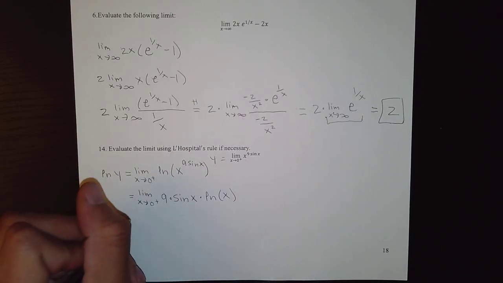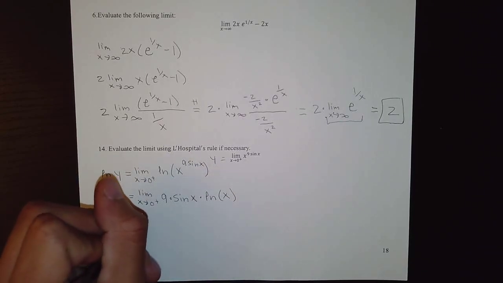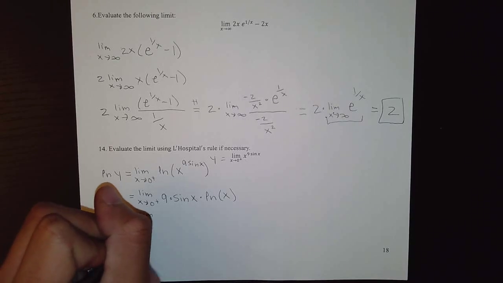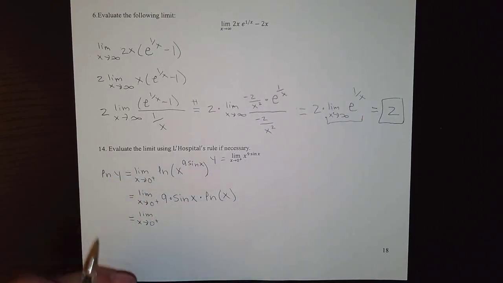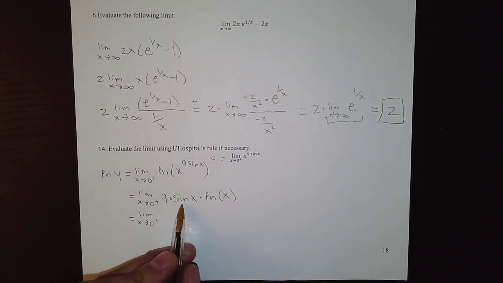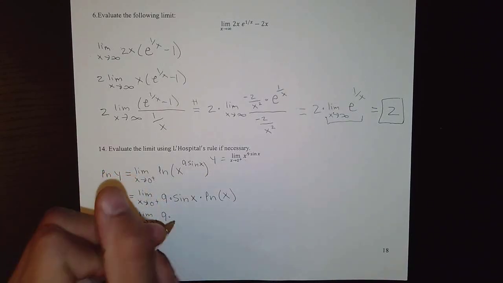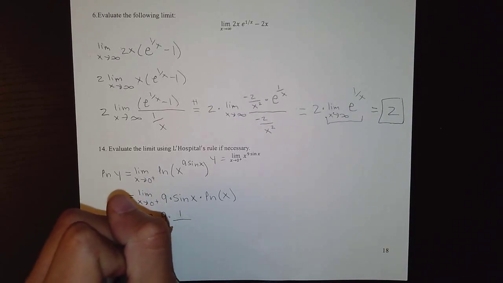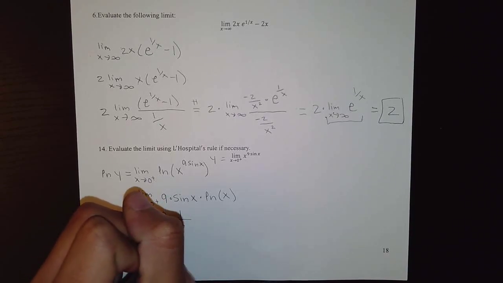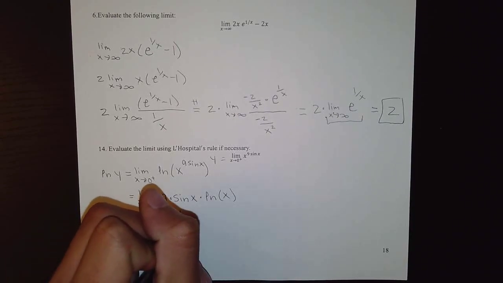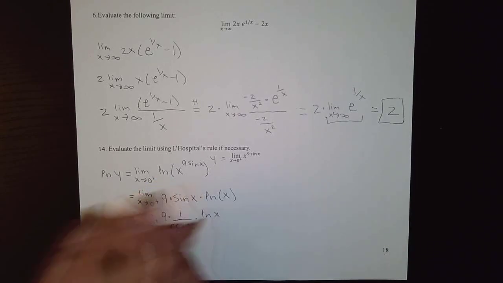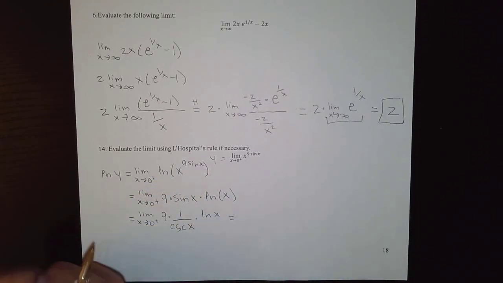And so the next step would be to try to rewrite sine of x. So I know that sine of x is the same as 1 over cosecant of x.